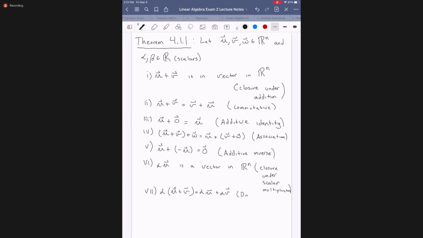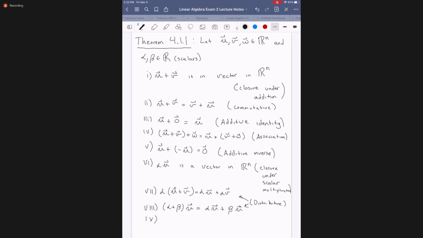And that also goes for this part right here: alpha plus beta on U is also just alpha U plus beta U. So both of these things are called the distributive property.